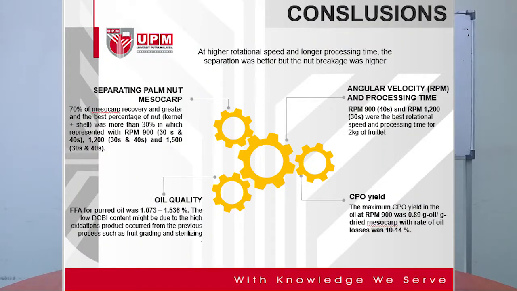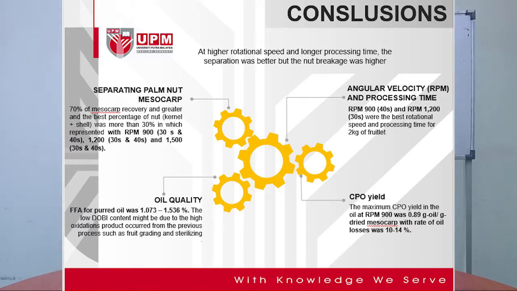In conclusion, in order to achieve the best separation of the nut from the mesocarp, RPM 900, 1200, 1500 at 30 and 40 seconds are the best parameters to separate the nut from the mesocarp.